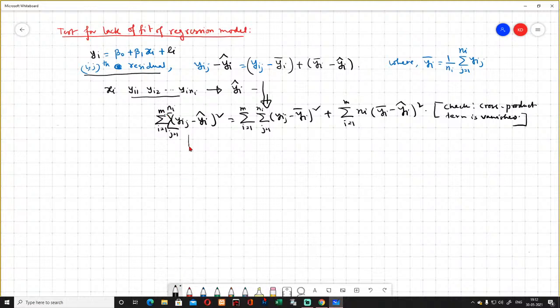So this is the sum of squares due to residual.